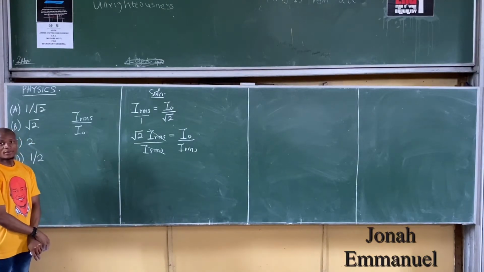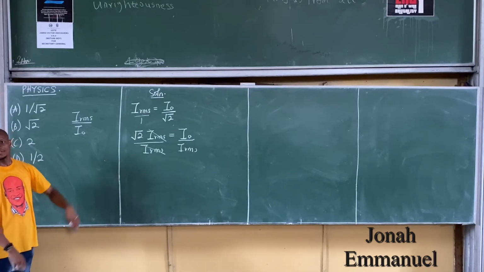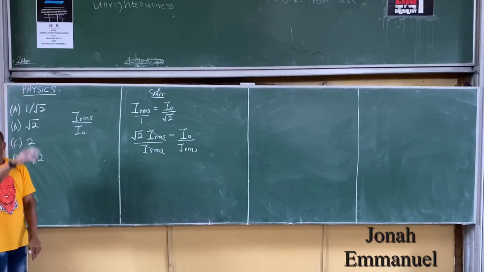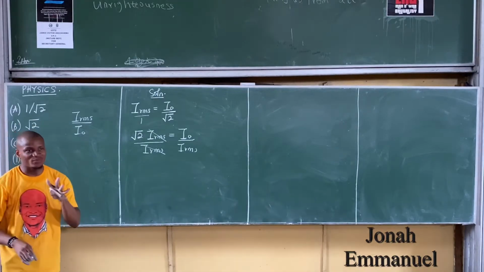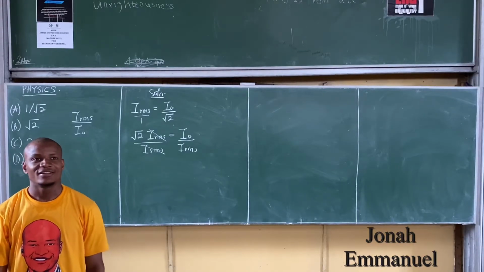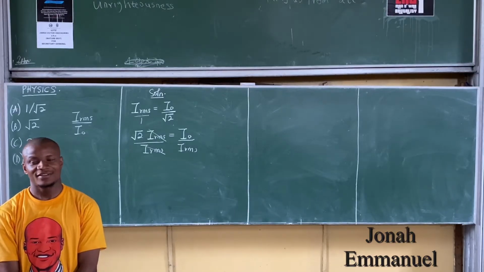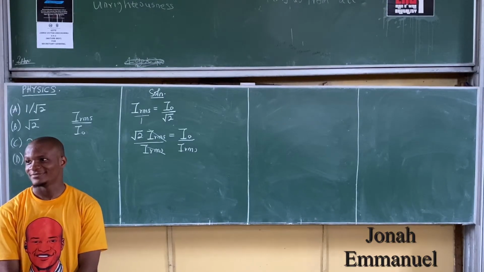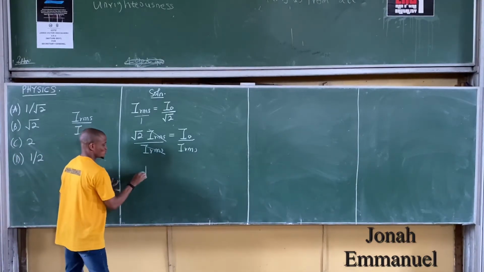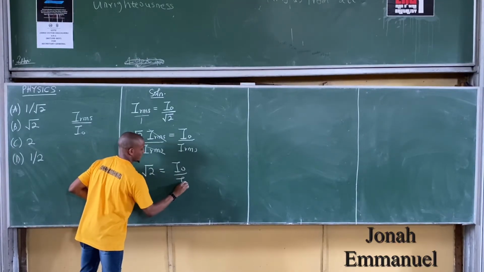Then take the inverse of both sides. Is it correct? Yes, take the inverse. This is what you always get wrong when you do maths, as if you never passed secondary school. So I have root 2 is equal to I naught all over I RMS.